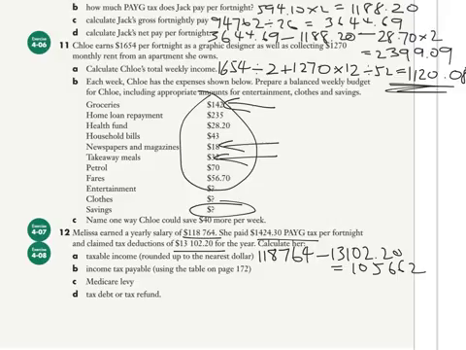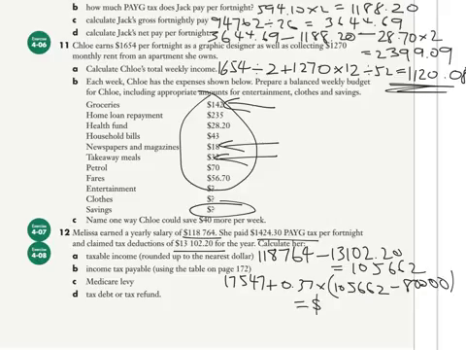Okay, her tax payable. So we use a table, which isn't here, but we look at the above 80,000 bracket, which states $17,547 plus 37 cents in every dollar of her taxable income over 80,000.